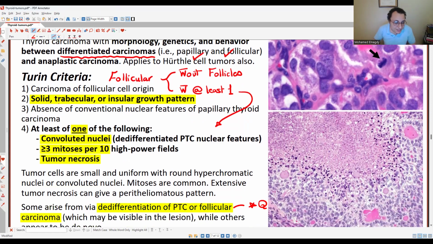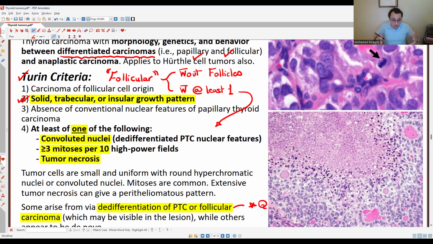So you apply some criteria called the Turin criteria. If you want to summarize the Turin criteria, I would say follicular. It's usually follicular carcinoma in origin, by the way, not papillary. So follicular carcinoma of follicular cell origin without follicles. I'm not seeing any follicles anymore.